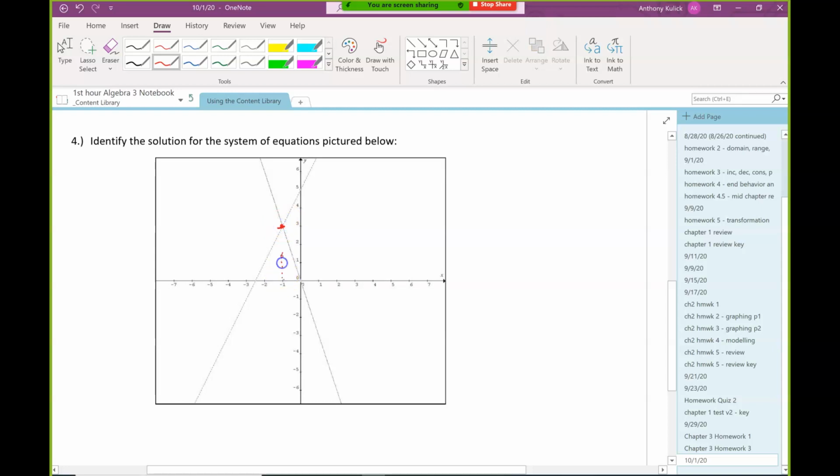If I look at that, it appears that the x value is -1, and if we trace over, the y value is 3. So there's our solution. Once you have the picture, we're just looking for the intersection. Okay?